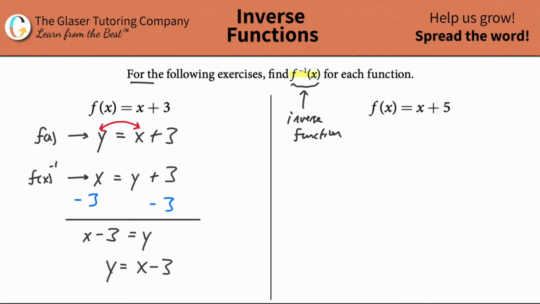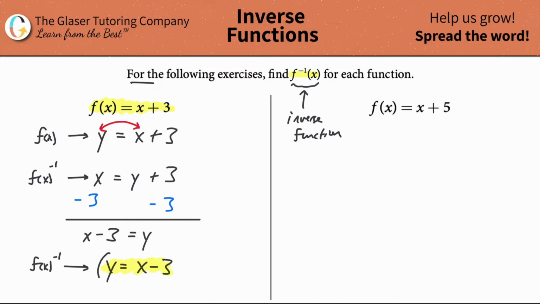Now, this function here that I just created, which remember, this is the f of x minus 1 function, is now the inverse of the original function here. And that's it. That's all it is. All right? That's it. Very simple.